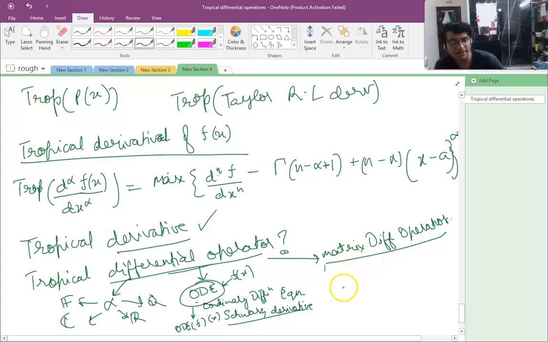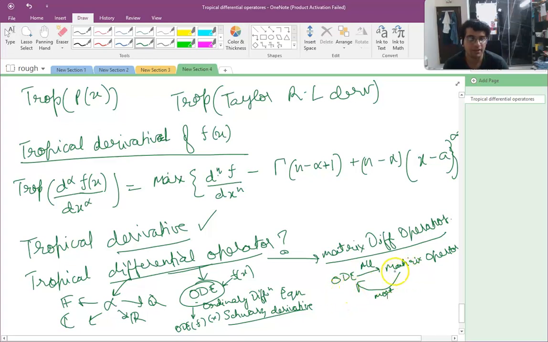And the idea is that almost every ODE can be mapped to its matrix differential operator. This works for all of them, but only most of the matrix operators can be mapped back to their corresponding ODE.